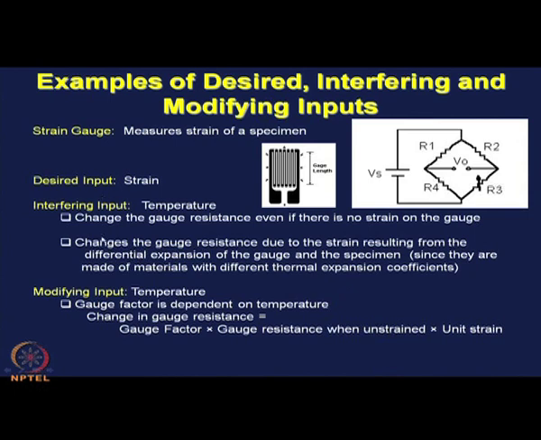So, a change in temperature can cause differential expansion of the gauge and the specimen. So, this can cause a strain, and again temperature this way also works as an interfering input.